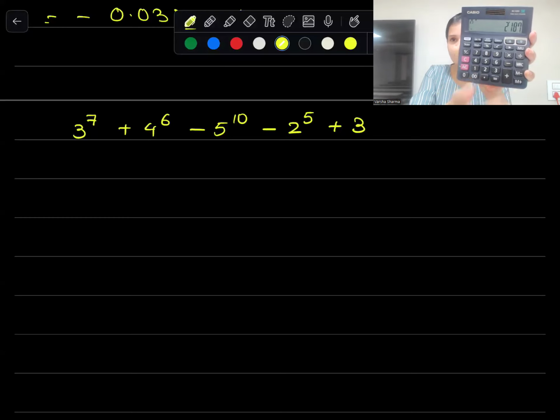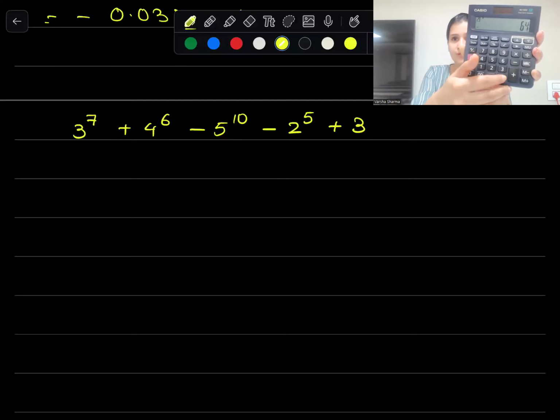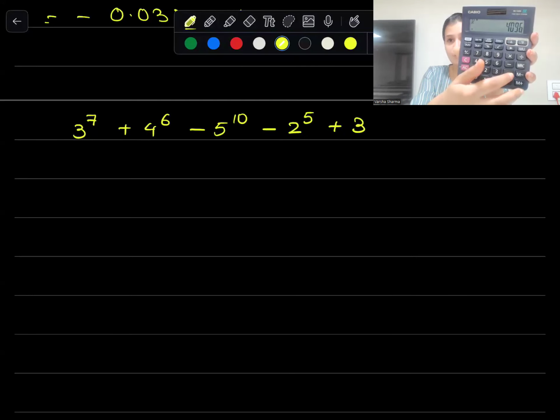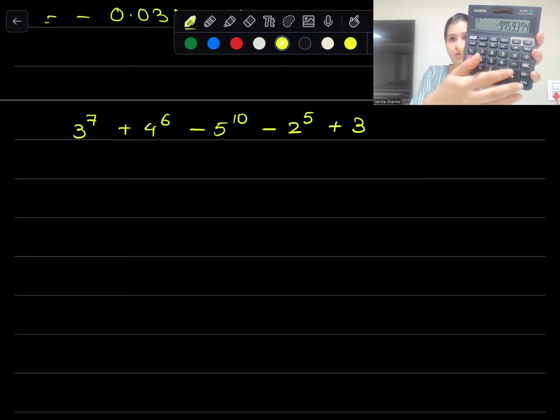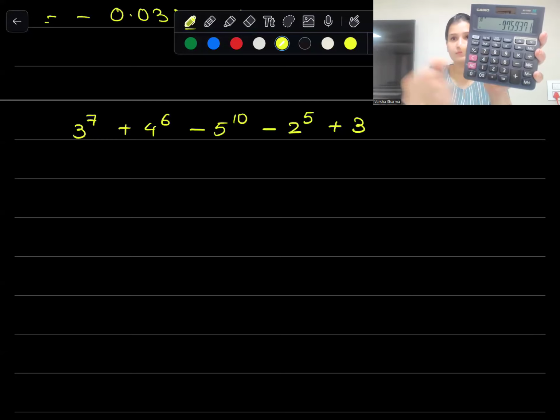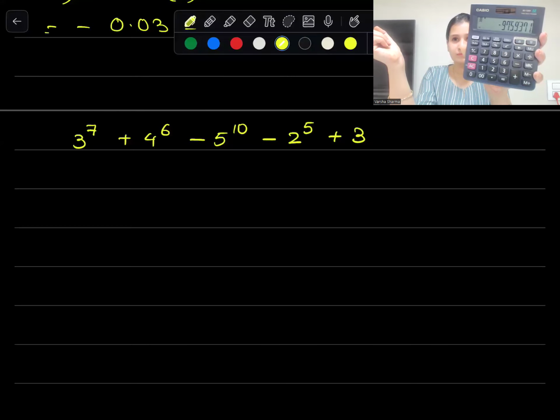Now there's a plus sign, so M plus. 4, 2, 3, 4, 5, 6. Now there's a plus sign, so plus MRC equal. Now adding 3 to it. Is this your answer? Yes, ma'am.